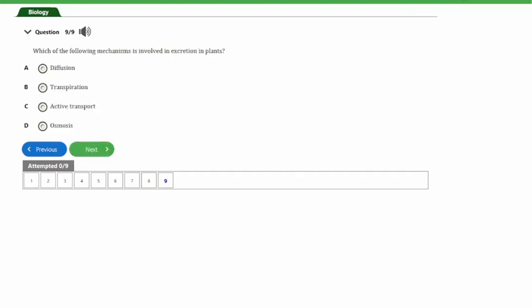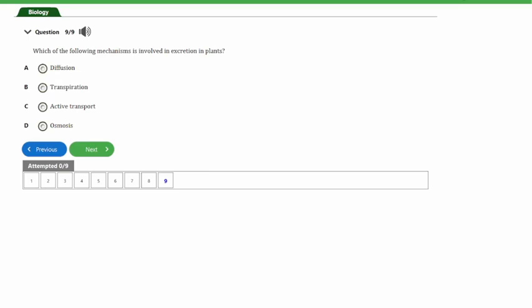So let's look at the next and the last question, guys. That's question number 9. It says, which of the following mechanisms is involved in excretion in plants? A. Diffusion, B. Transpiration, C. Active transport, D. Osmosis. So guys, the answer to this question is option B, and that's transpiration.